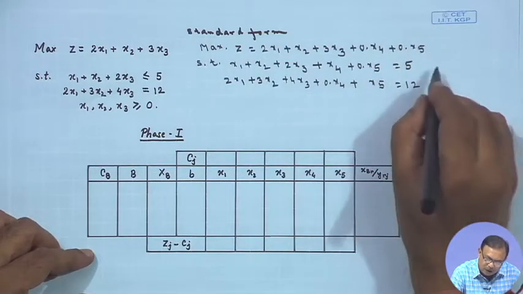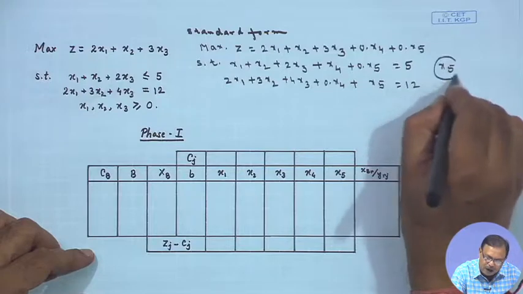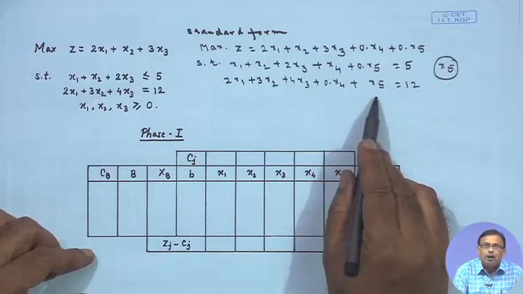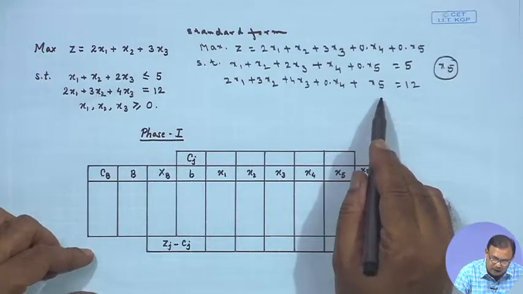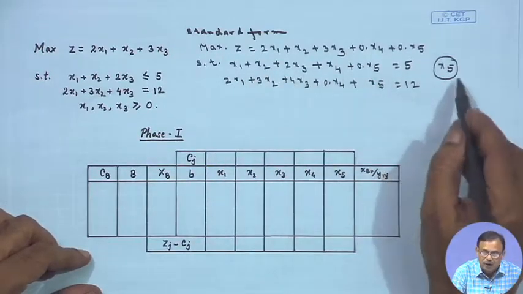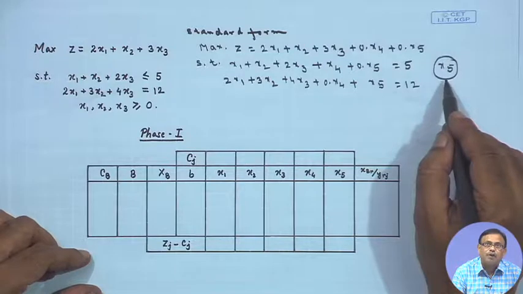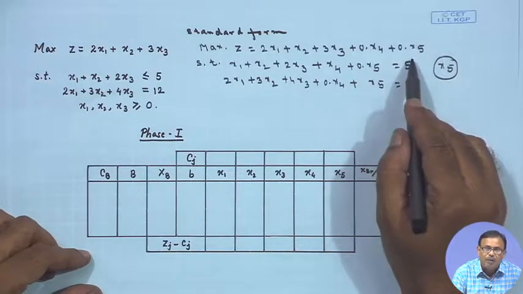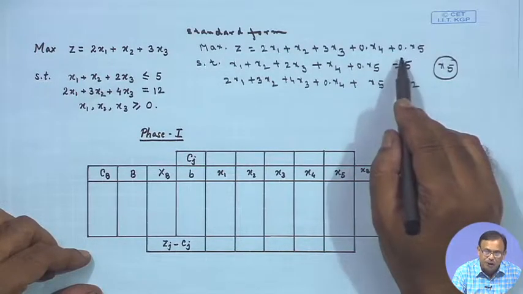Please note that here your x5 is the artificial variable, just to get the initial basic solution for this particular set of constraints. Although x5 is the artificial variable, you have added only a 0 coefficient.